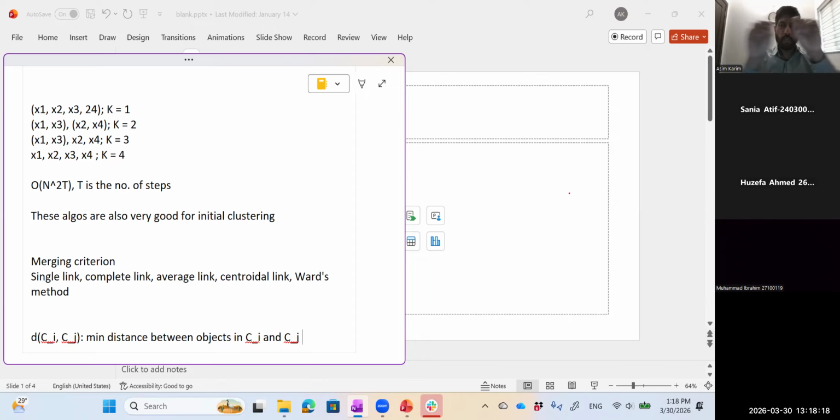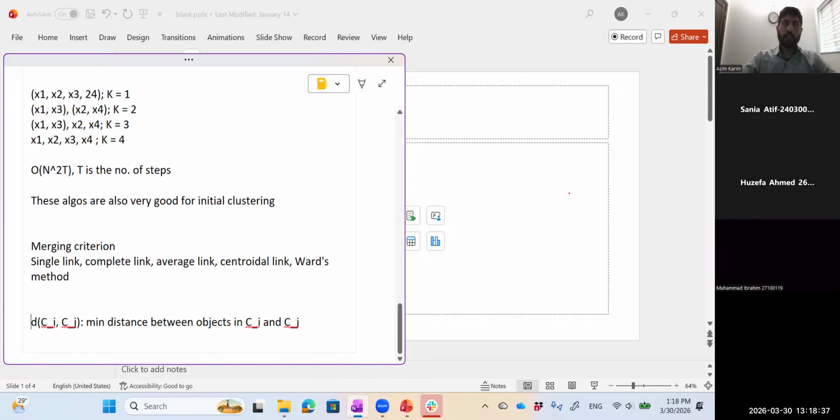In other words, this is the shortest link between the two clusters. The shortest link between the two clusters is the minimum distance between the objects in Ci and Cj. So let me write the other one as well, and then we'll maybe show you a figure.